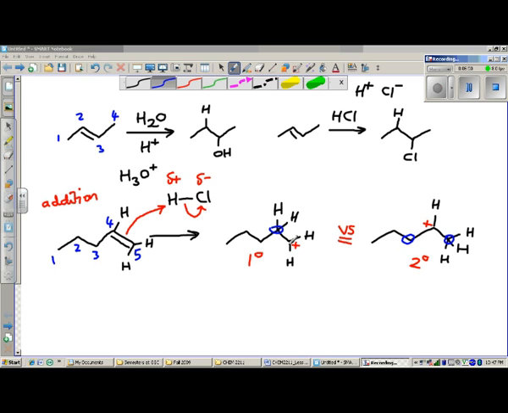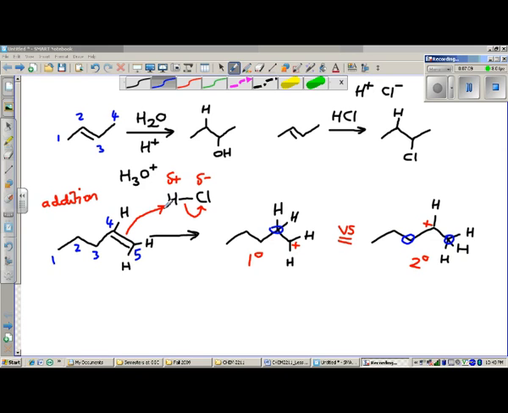So what we've just shown here is actually describing this thing called Markovnikov's rule. And you can write this out in words in several different ways. One way is to talk about the location of the hydrogen that gets added in.